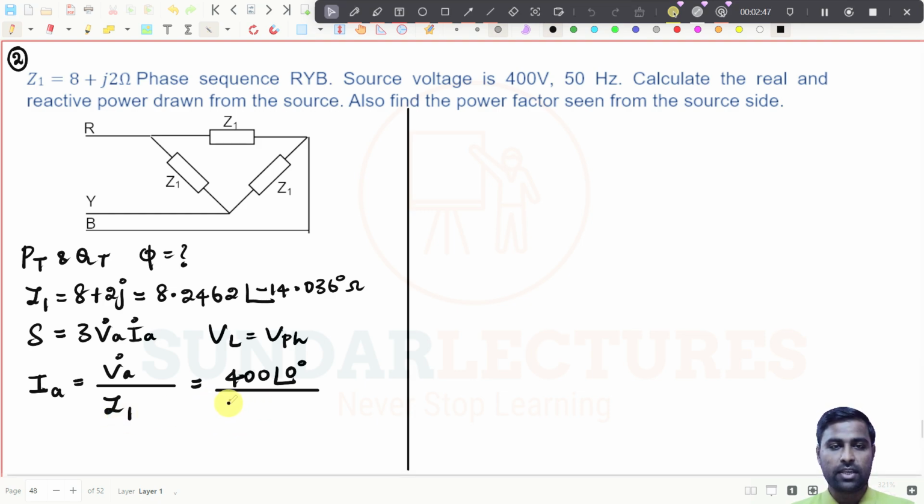It is 8.2462 at an angle of minus 14.036 degree, right?